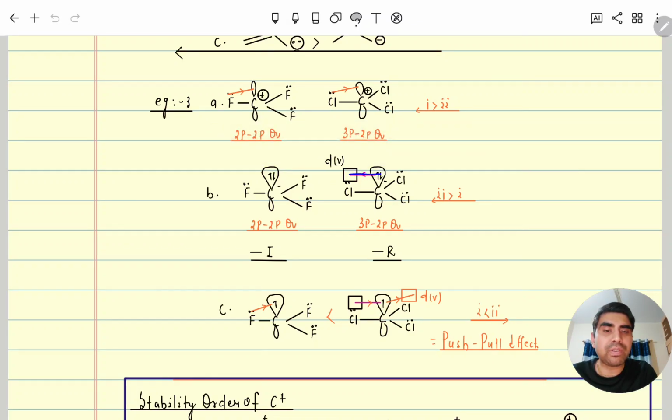So electrons of the carbanion can move from high to low, and its charge density decreases. So chlorine, having an adjustive group, can behave like a plus R, and it can behave like a minus R also if required. Here, through minus R, it is more stable, so 2 is greater than 1.